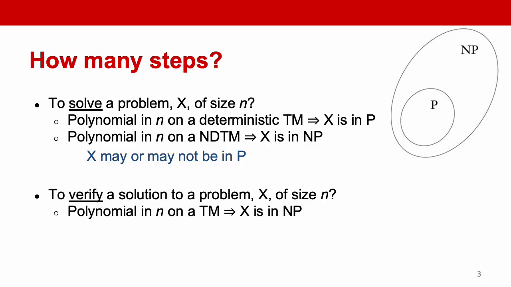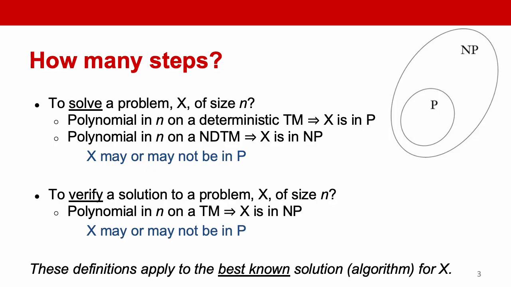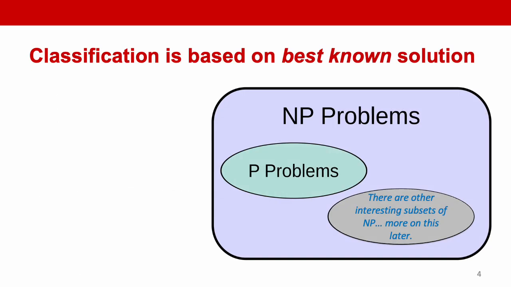Now, to verify a solution to a problem, you're just basically told that path. So if it is polynomial in n on a Turing machine, then X is in NP. So these definitions are going to apply to the best known solution for X. Classification is based on the best known solution.